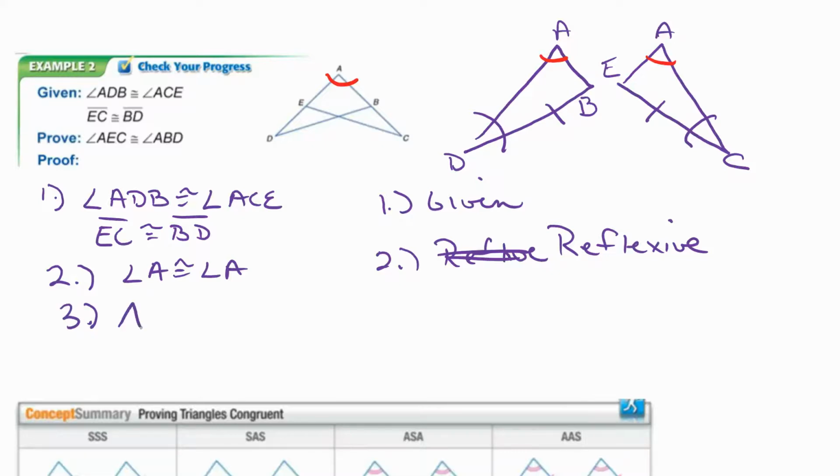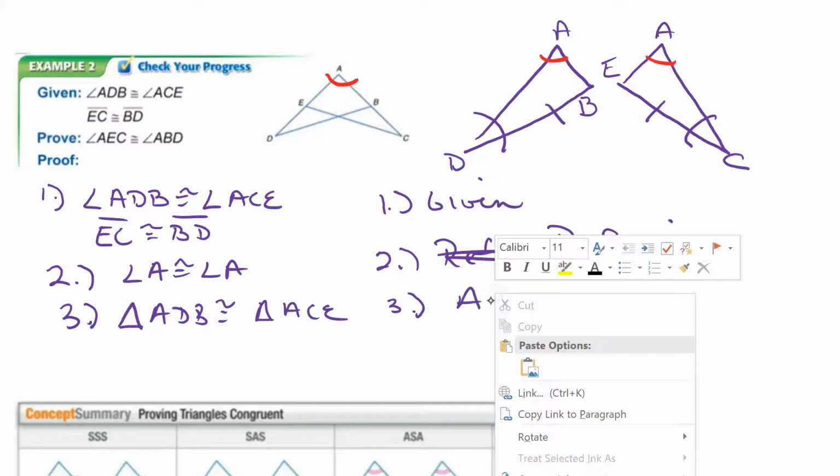So we have triangle ADB is congruent to triangle ACE, and that's by angle, angle, side.